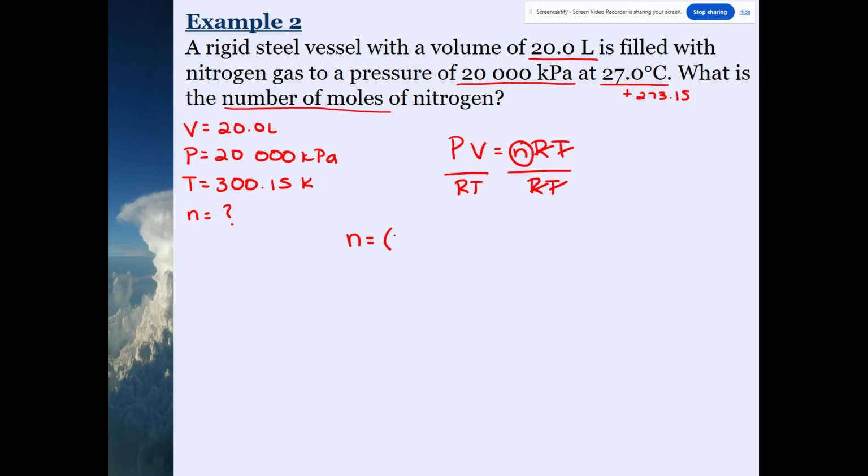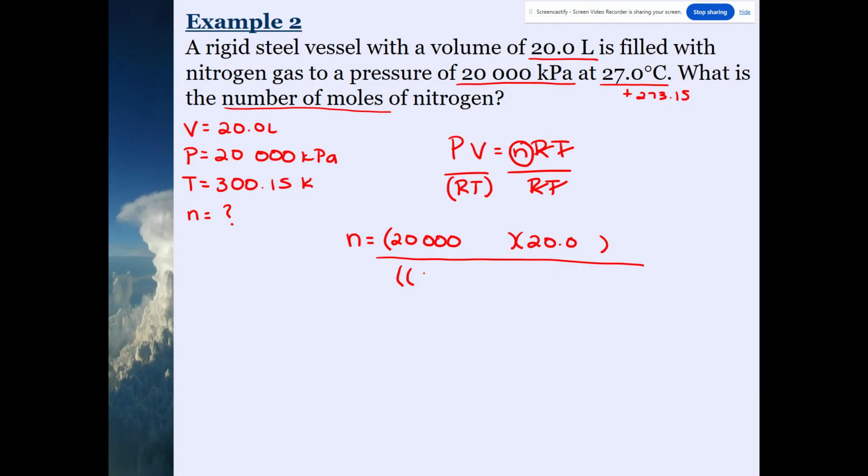So my P, 20,000. I'm going to do my units in a different color again. My volume, 20 liters, divided by, now I have two numbers on the bottom, so I need to make sure I'm putting those all in brackets, and I can have multiple brackets if that's what you like to do.